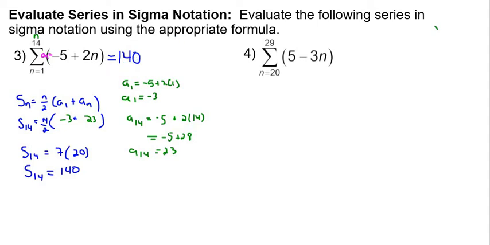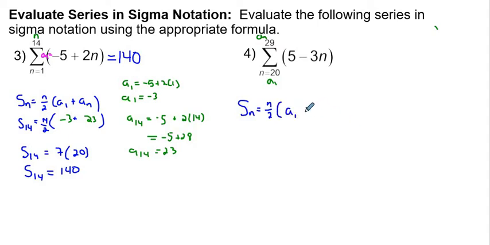So the interesting thing is that when I look at this problem over here, I have the same situation, but notice that a1 is actually the 20th term. The n is always this thing. So let's start by doing the same thing we did, using the formula S_n equals n over 2 times (a1 plus an).